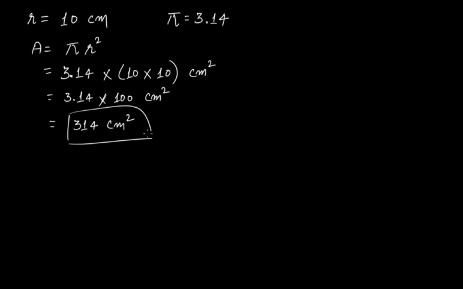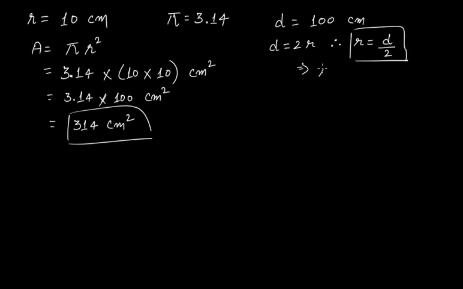What if it's given that the diameter of a circle is 100 centimeter? Then what will be the area of the circle? Again, we know that diameter is 2 times the radius, therefore radius is diameter divided by 2, half of the diameter.